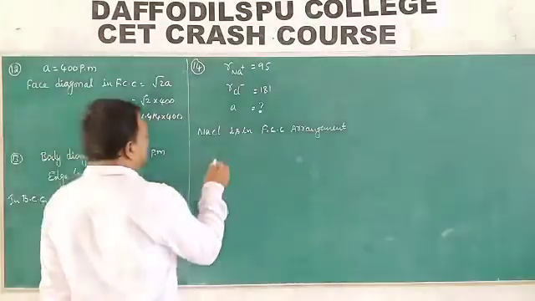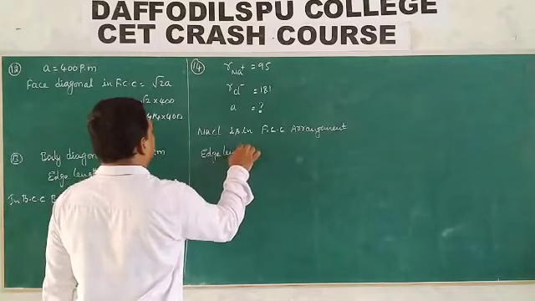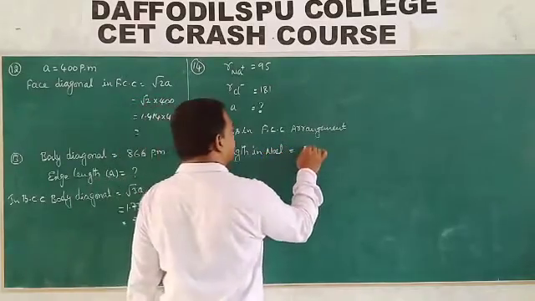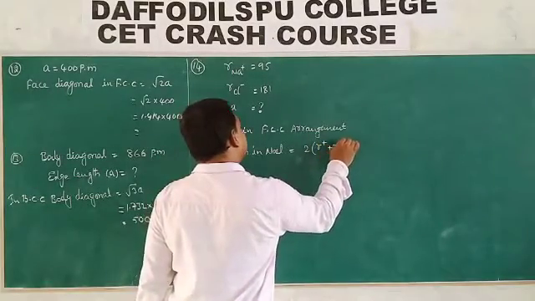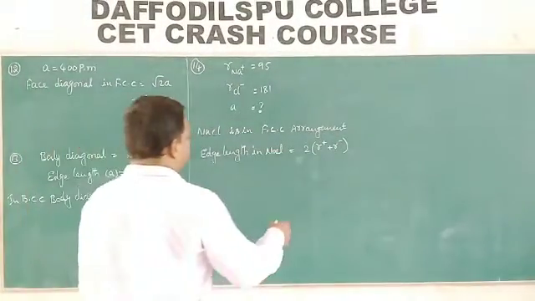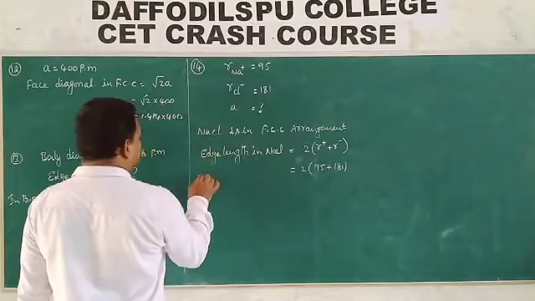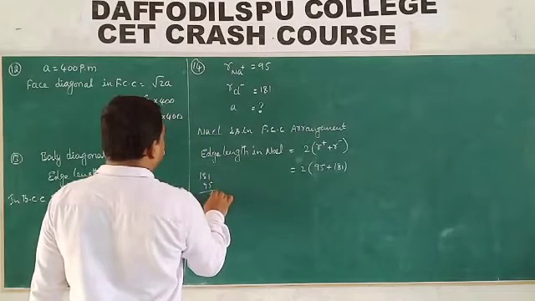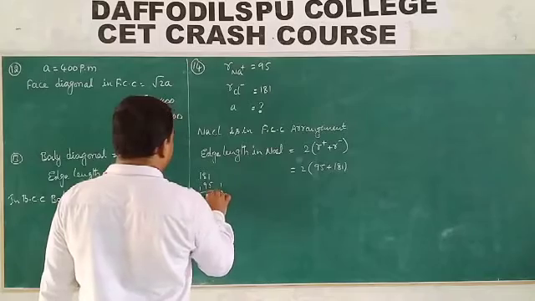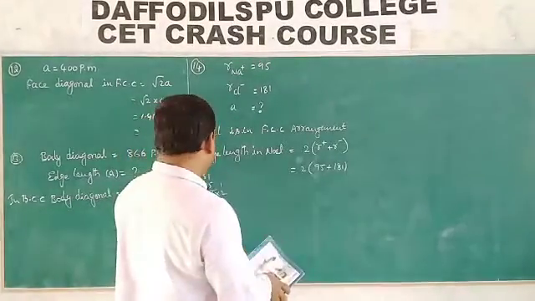So in FCC arrangement, edge length in NaCl is this one: 2 into radius of cation plus radius of anion. 276 into 2, it is 552.